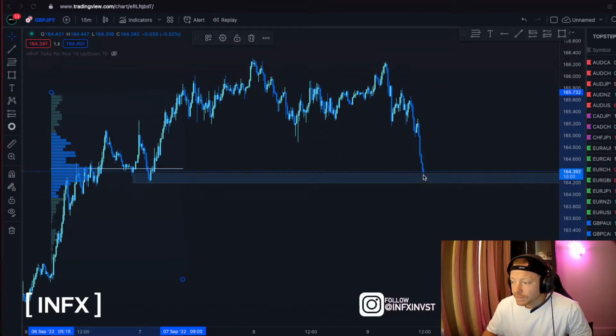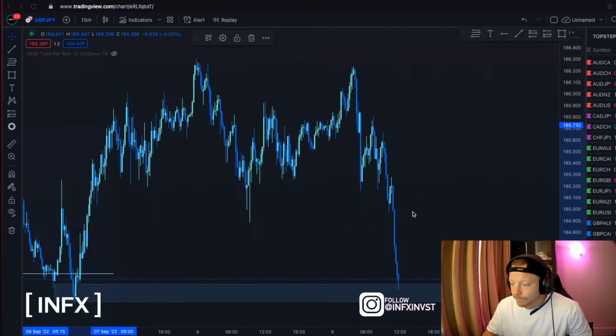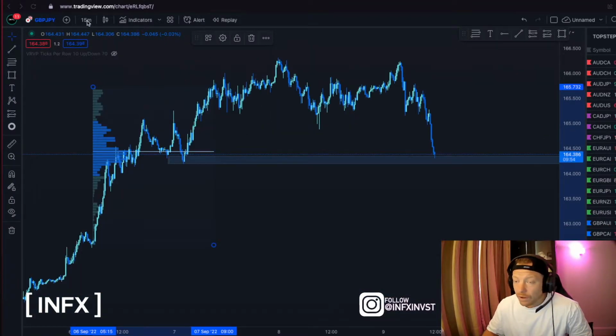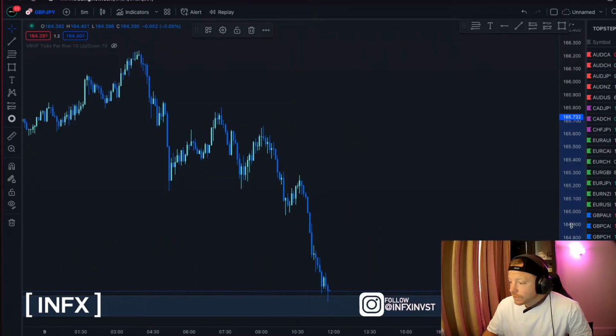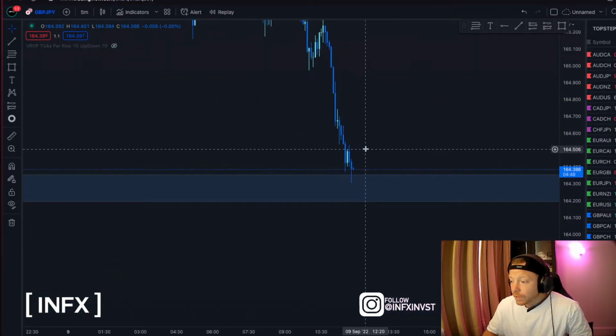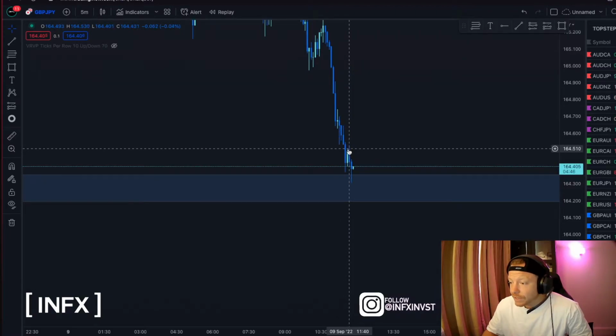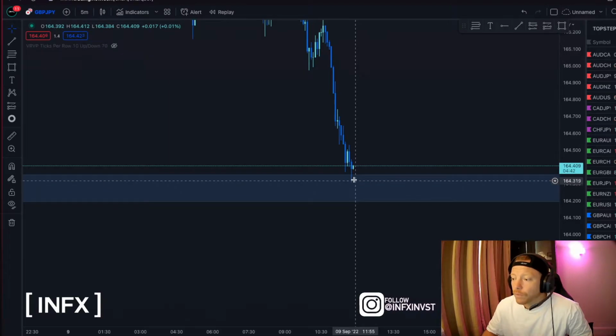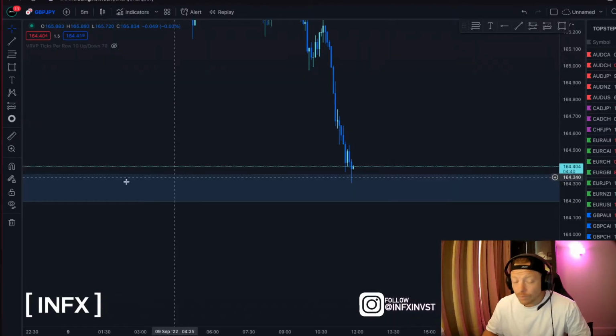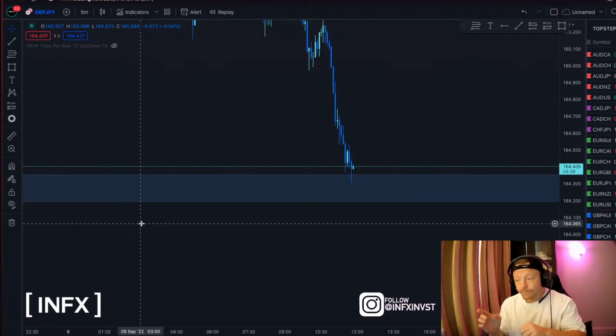So what I'm expecting is to see a little bit of reaction. As you can see now, price is pushing up, creating a wick here. And on the 5-minute, what I want to do is look for the first candle break after touching the zone. Now, as you can see here, there is actually a candle break here, but none of the candles touch the zone yet. What we have just done is touch the zone. So now we're waiting for a candle to break the previous candle low.